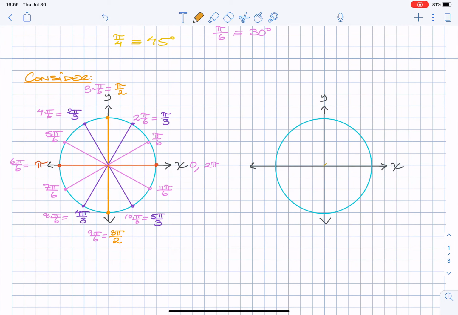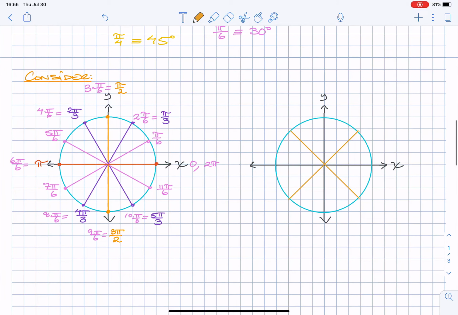So we'll count up by 45s. So I always start at 0, but I'll come back to that. So let's start at the first, 1 times 45, which is pi over 4.